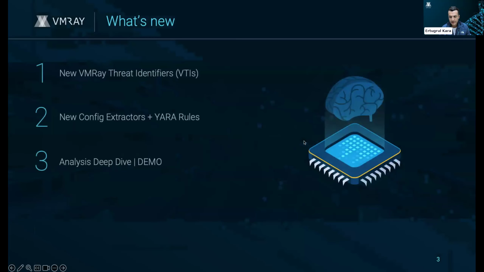All right, with that, let's jump into what we've got lined up for today. The format is pretty familiar if you've been with us before. We will start with a few new VTIs, to be exact, 4 new VTIs. Like the previous ones, they focus mostly on fingerprinting behaviors and evasion techniques. That's how I would categorize them, if I may.